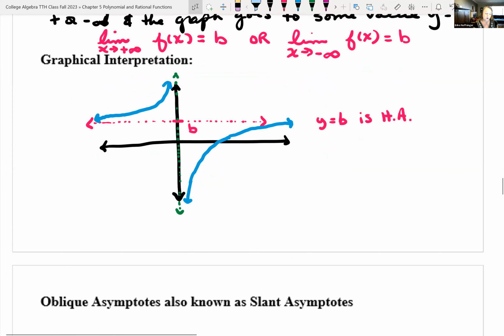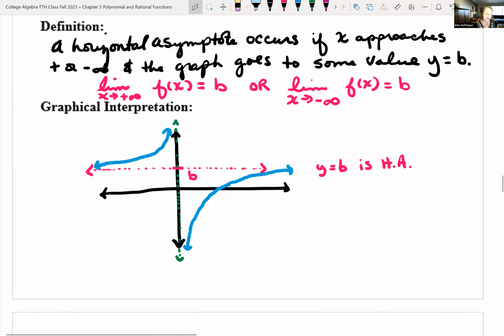So if it's not a horizontal asymptote that exists as we go off to positive and negative infinity, then it's going to have what is called either a slant or an oblique asymptote. Your book states that they call it an oblique asymptote, and they only say that an oblique asymptote occurs if the degree of the numerator is just one larger.